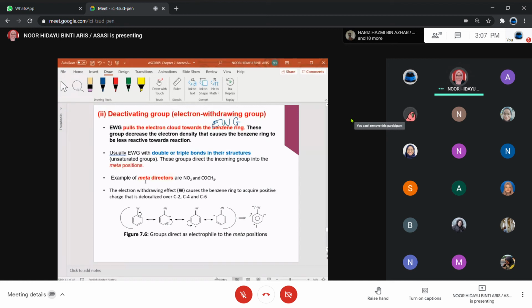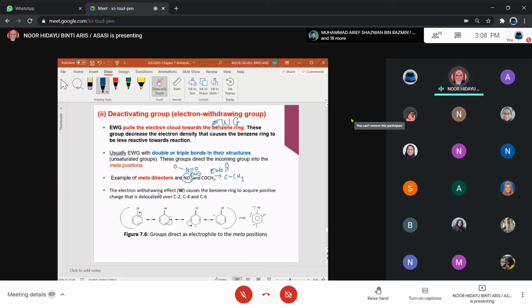NO2, the structure will look like this: double bond O, single bond O. So there is a double bond, which means NO2 is EWG. COCH3, C double bond O, so it is EWG.